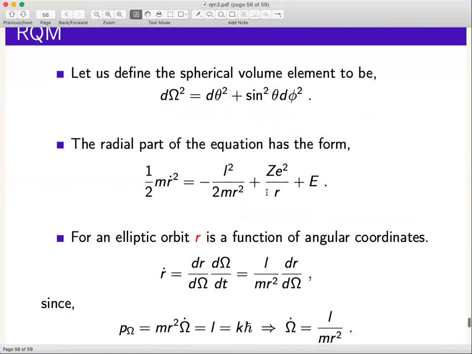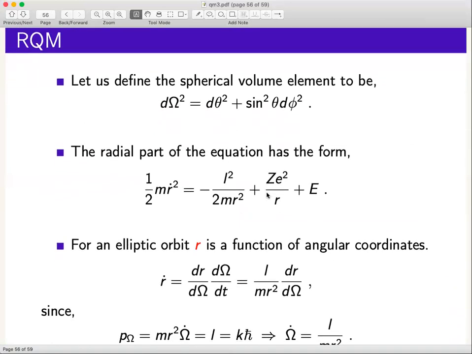If you look at the elliptical orbits, then you could ask how r changes as a function of the angular variable. So you can write r dot as dr by d omega times d omega by dt. But d omega by dt is something we know.